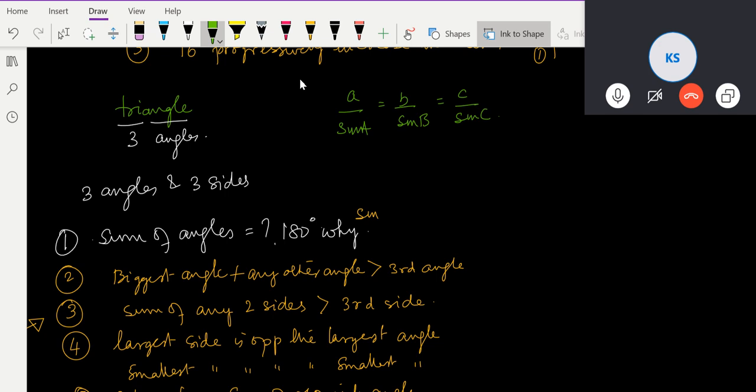That means the angle is proportional to the side. Correct. So, in other words, I can look at any two of them and I can say that if I know the two angles and one side, I can find out this side, right?